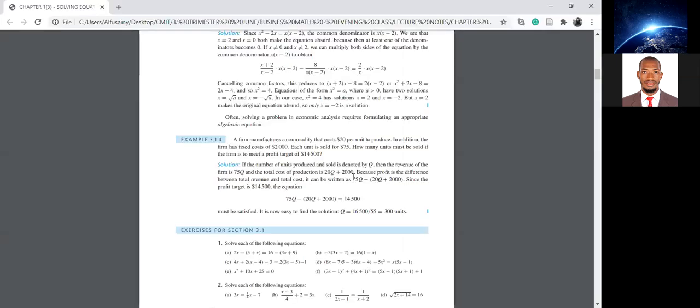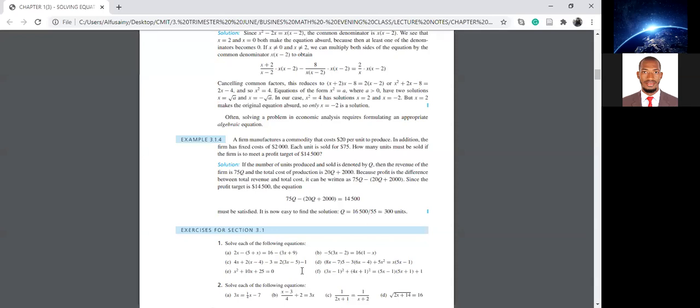So let's go on and read further. Each unit is sold for $75. So as business people, we should know what that $75 stands for. Sold, obviously, means that the selling price per unit of that commodity is $75 per unit.